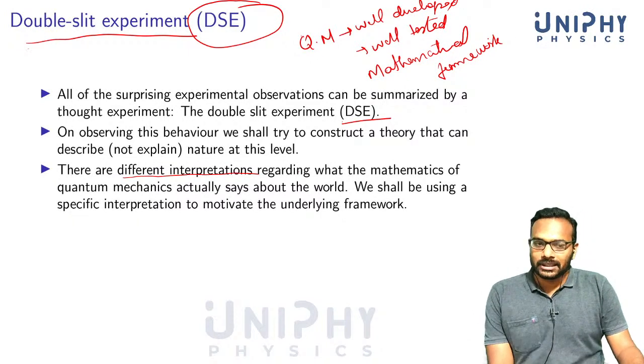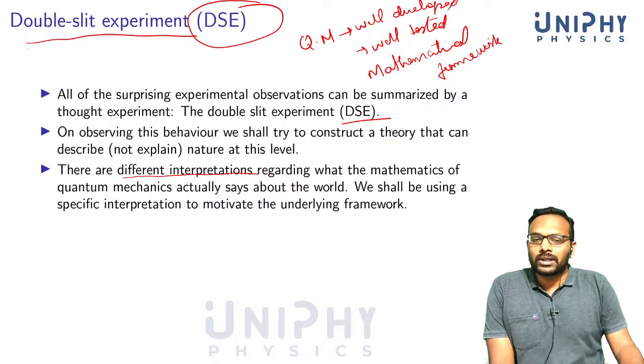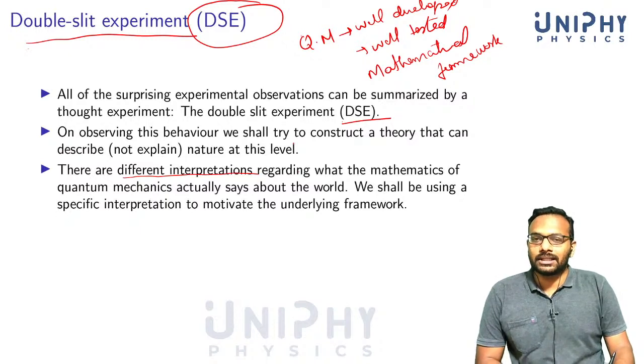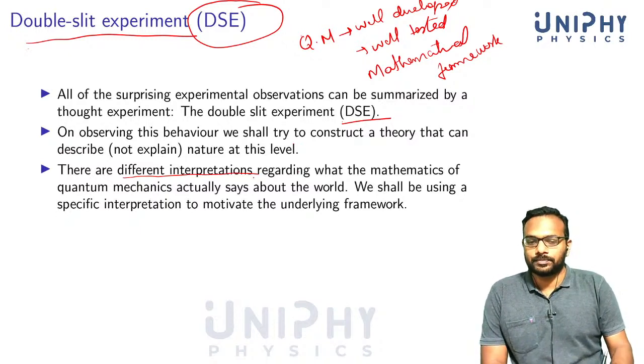We can make predictions, and these predictions are correct, but what does it actually say about the electron? This is not really clear. We don't have this problem of interpretation in classical mechanics. It's very clear what this equation, Newton's equation, means, for example.